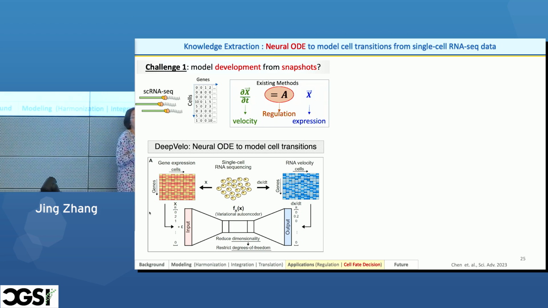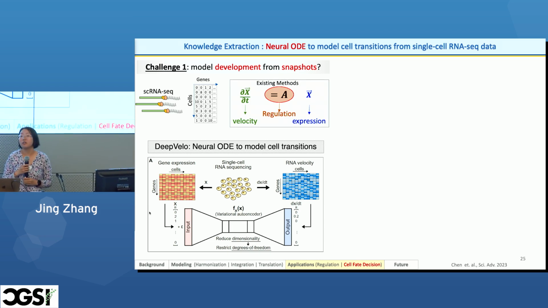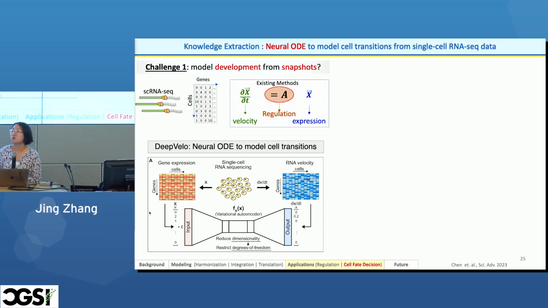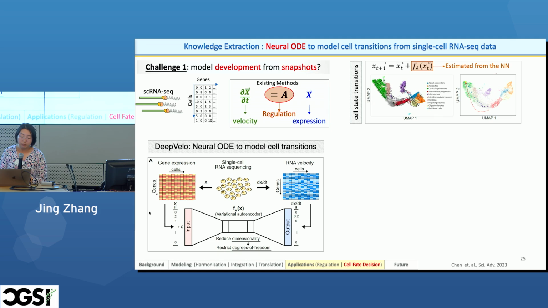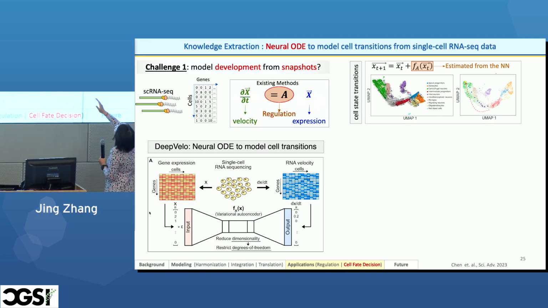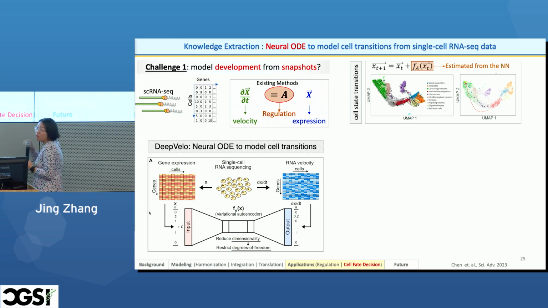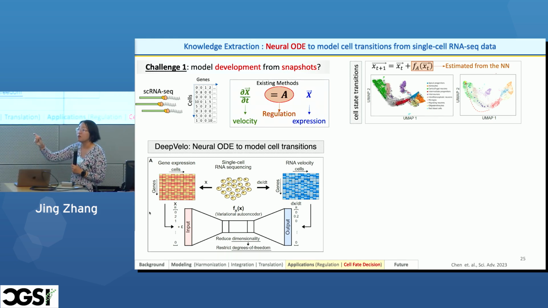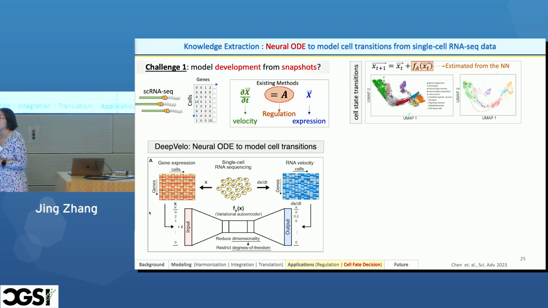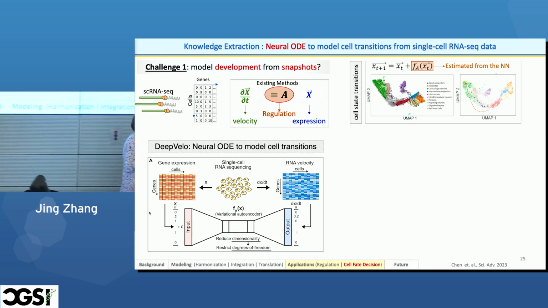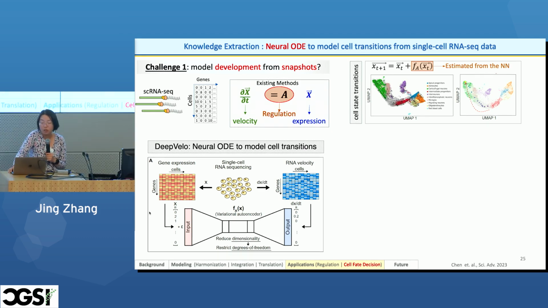And we are using a neural network instead of a linear matrix projection to connect those two components. And then with this connection, we can actually make smaller step predictions continually to model this trend, this cell state transitions.